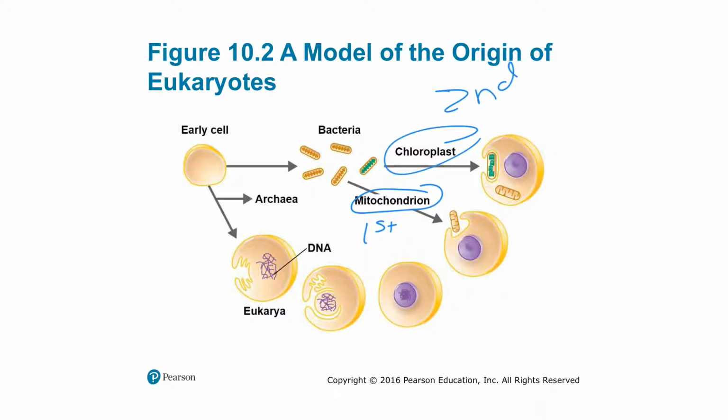So the early cells, the archaea, branched off, and then the eukarya enveloped their DNA in a membrane, and then took in the mitochondria, and then at some point they took in chloroplasts as well. That's the endosymbiosis theory in a nutshell. It goes way deeper than that, but we're going to gloss over it because it's not really that important to what we're studying.